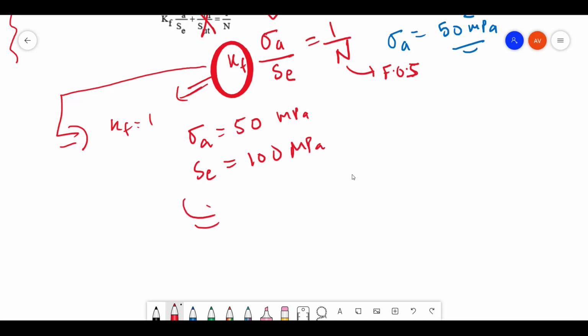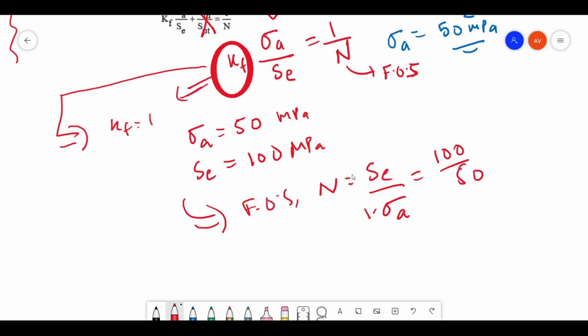So therefore your factor of safety n is equal to S_E by sigma a, that is 100 by 50, and your Kf is 1, so that is going to be 2. So therefore your factor of safety is 2.